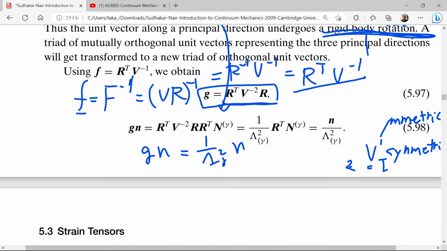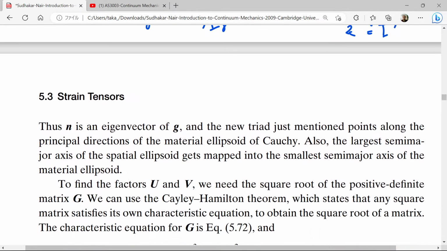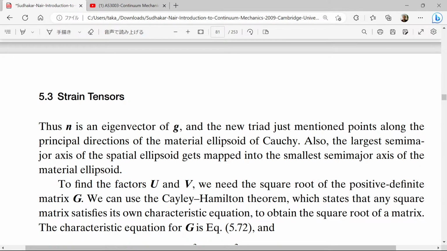So you can see, this is the material sphere. Okay, the material ellipsoid of Cauchy is more like a material sphere.